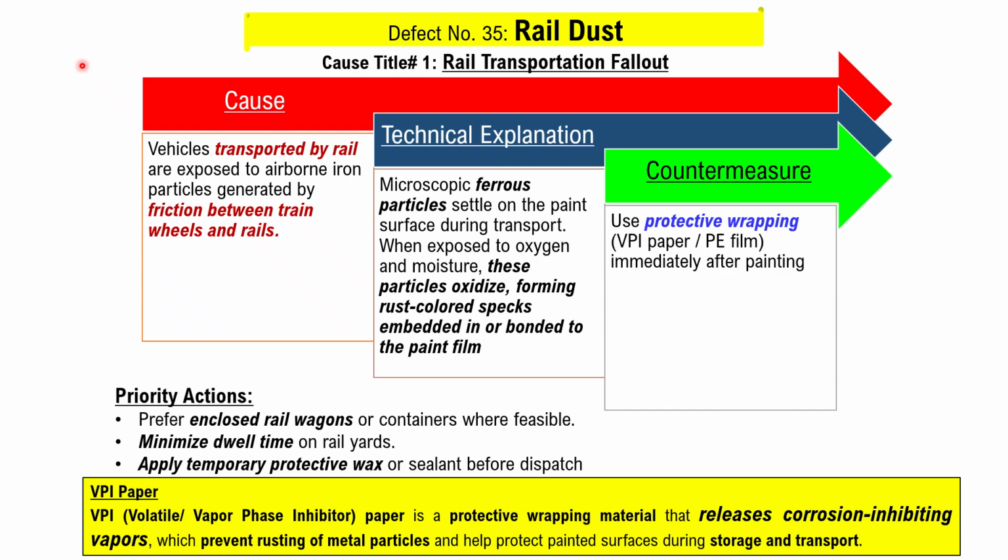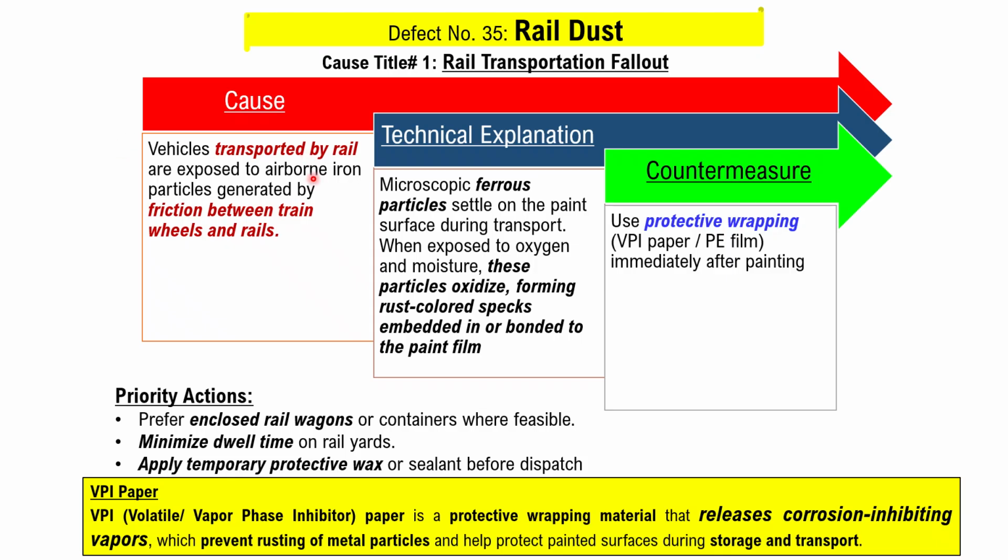Number one probable cause would be rail transportation fallout. That is, vehicles transported by rail are exposed to airborne iron particles generated by friction between train wheels and rails.